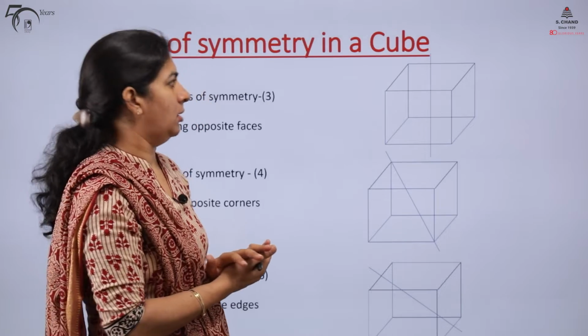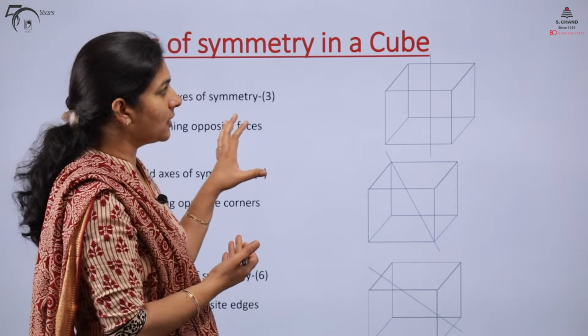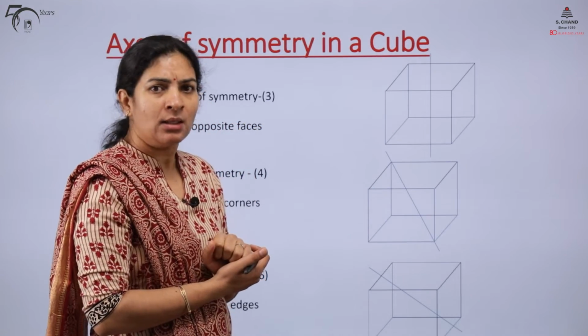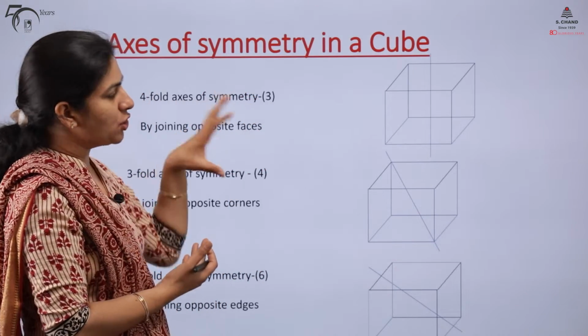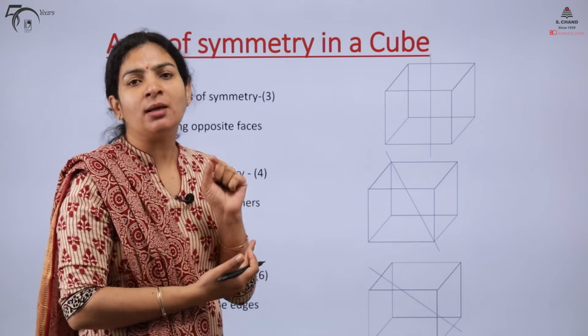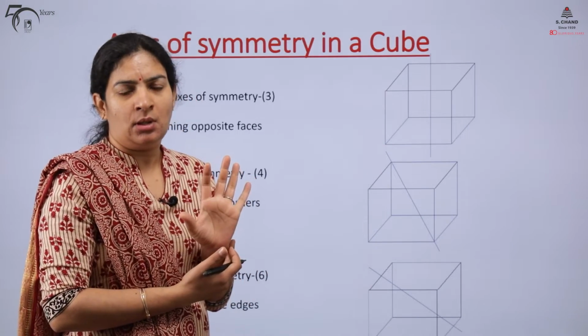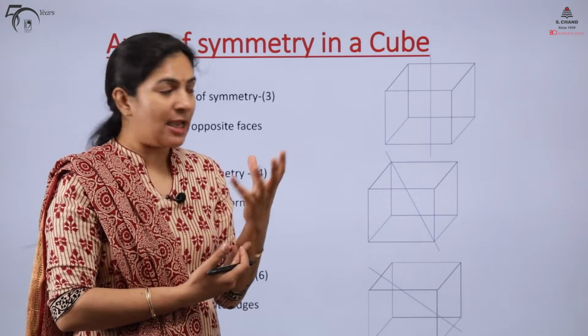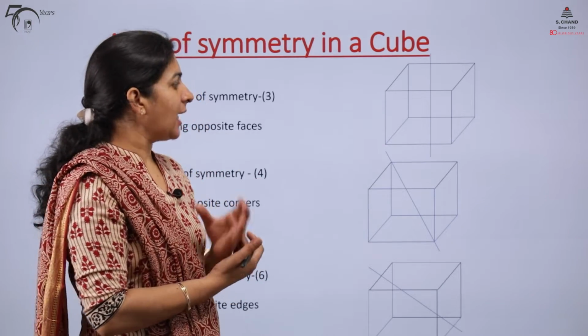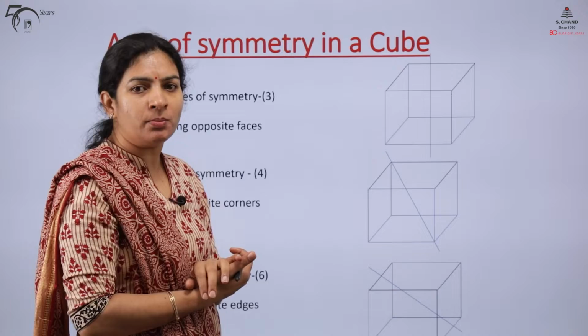I am taking the example of a simple cubic crystalline solid. The number of symmetry elements present in a cubic arrangement is 23. Let us now understand how these elements of symmetry can be located in a cube.